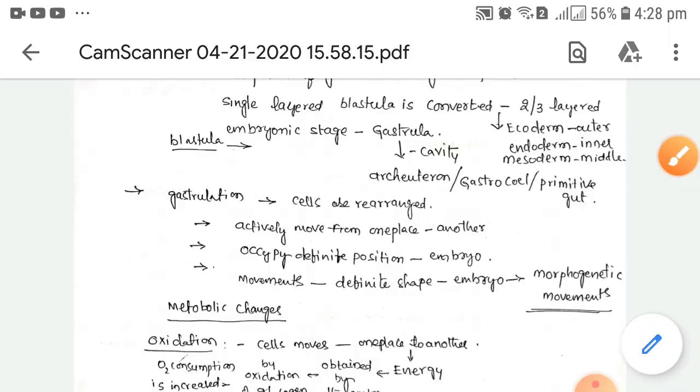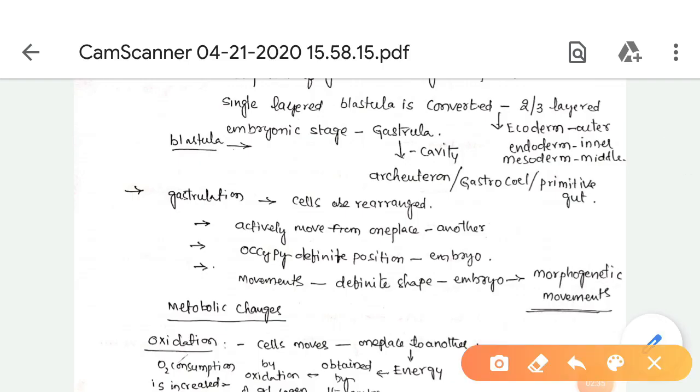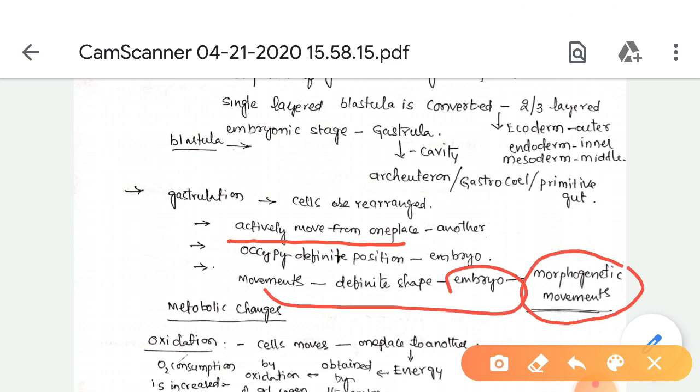These movements, where the cells move from one place to another in the embryo, are called morphogenetic movements. These morphogenetic movements give a definite shape to the embryo.